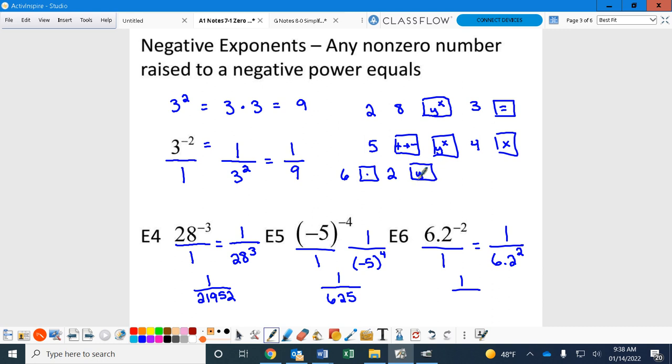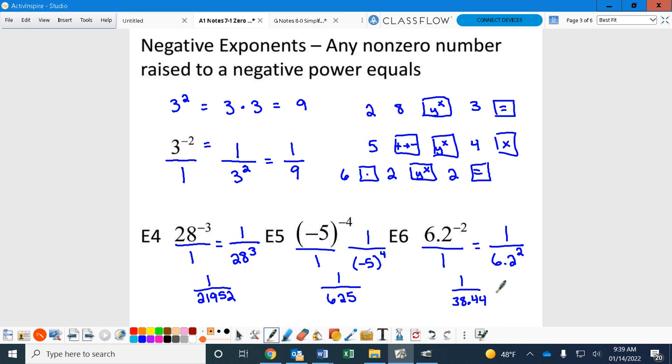Power button 2 equals, and you should end up at what? 38.44? Okay, perfect, there you go.